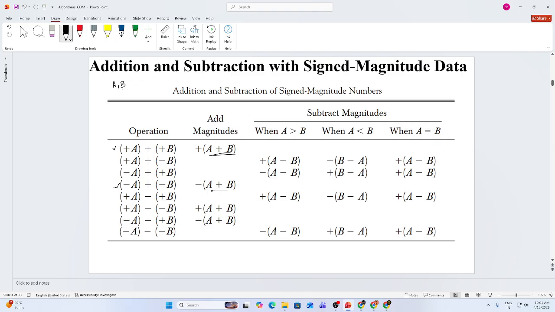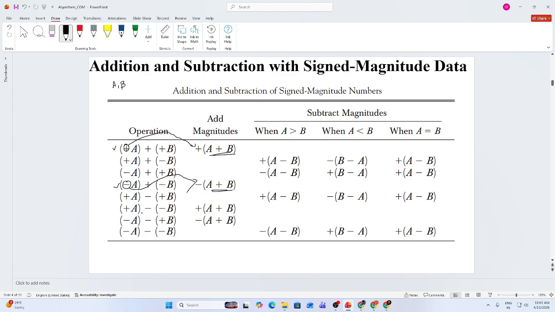To know the sign of the result, let us take the reference as the sign of A. If the signs are equal, we perform addition, and the sign of the result is the same as the sign of A. For example, if the sign of A is positive, the sign of the result is positive. If the sign of A is negative, the sign of the result is negative, right?